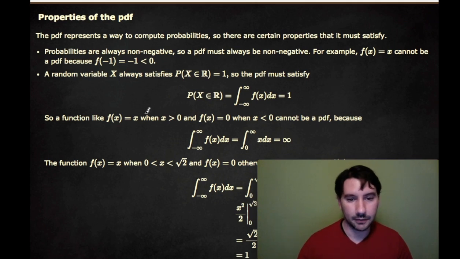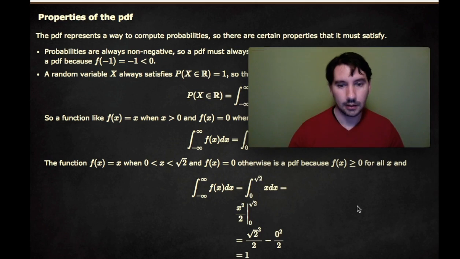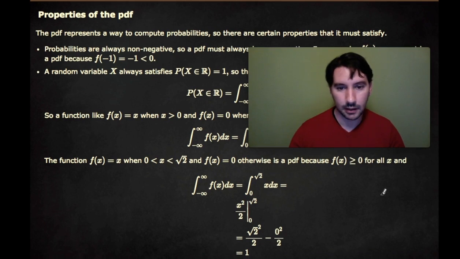So a function like f(x) = x where x is bigger than 0, and f(x) = 0 when x is less than 0, is not a PDF, even though it's always non-negative, because the integral would be infinity. However, a function such as f(x) = x when x is between 0 and square root 2, and f(x) = 0 otherwise, is a PDF.